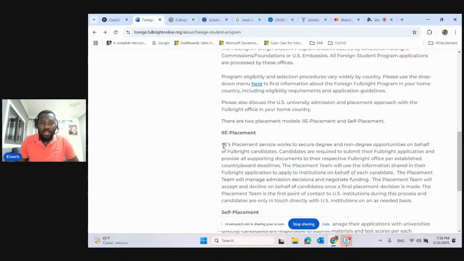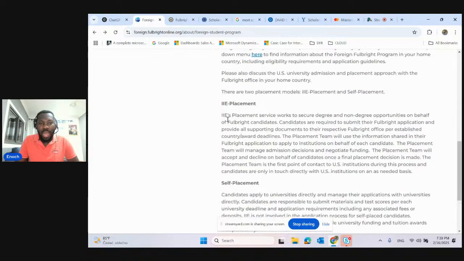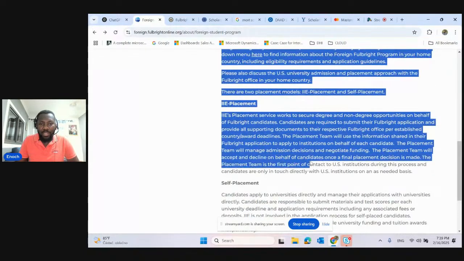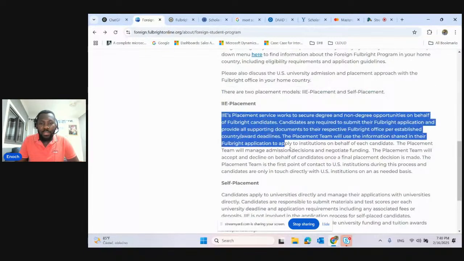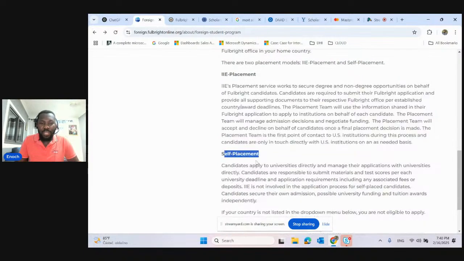There is the IIE placement and then also self-placement. So this is about the IIE placement, sorry. And then when you come here, it's the self-placement. Here, the candidate applies to universities directly and manages the application to the universities directly.